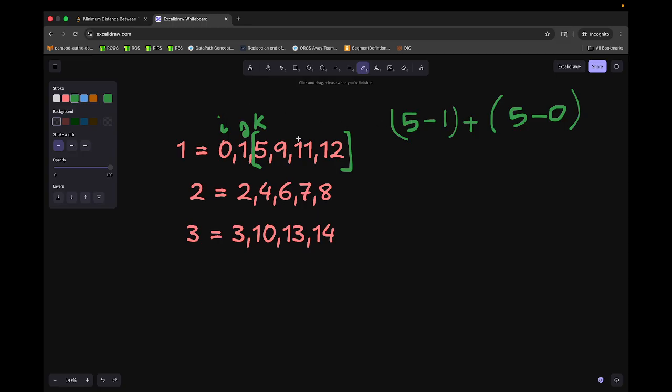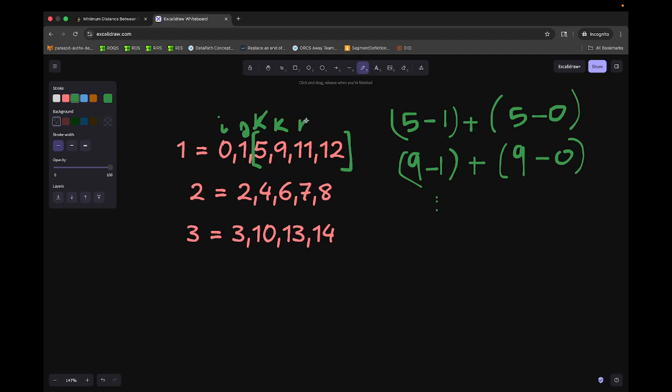When k is 5, this will be our sum. If this is our k, it becomes 9 minus 1 plus 9 minus 0, and so on.